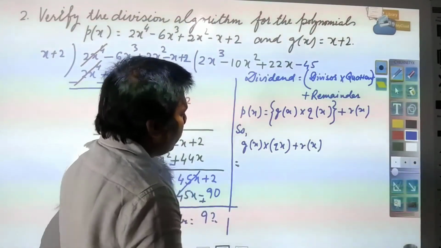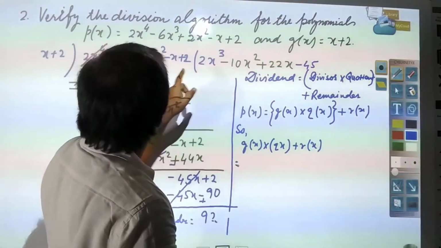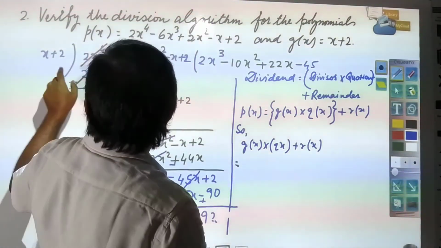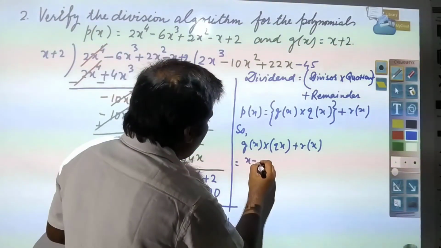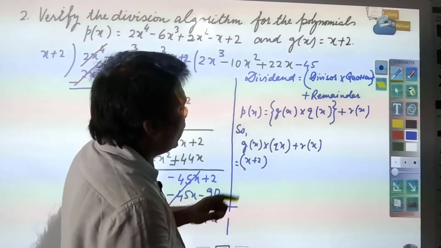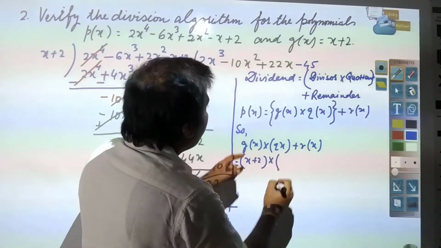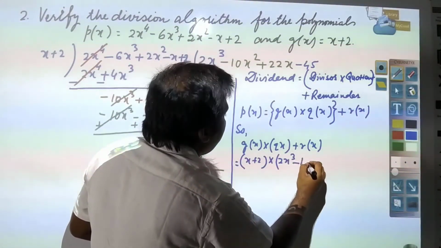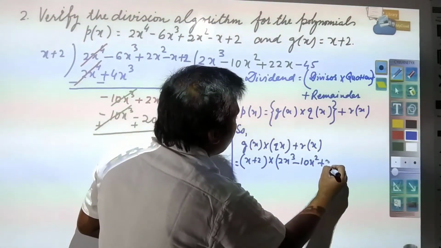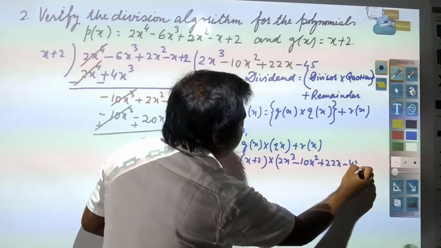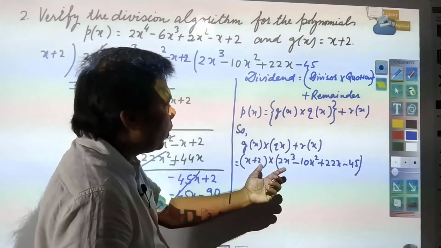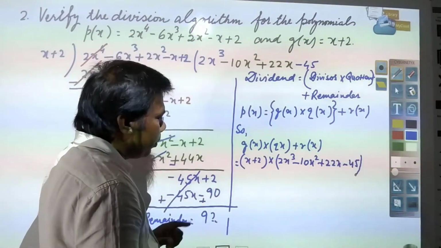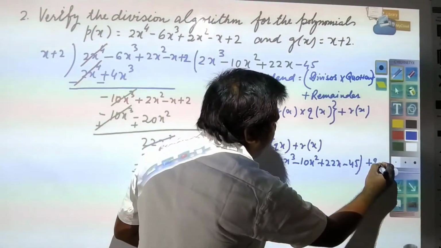So that will be equal to G(x), you have x plus 2, and with this you need to multiply 2x cube minus 10x square plus 22x minus 45, and then we need to add on this what, your remainder, and that is 92.